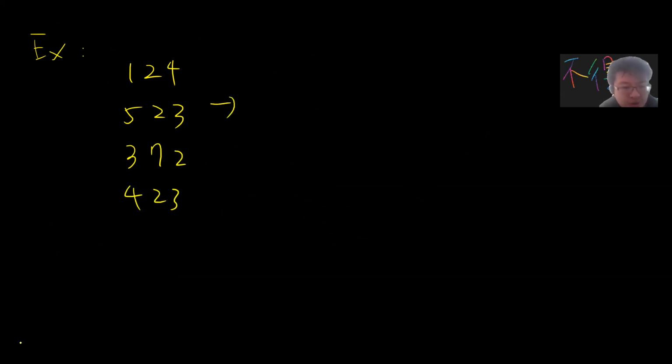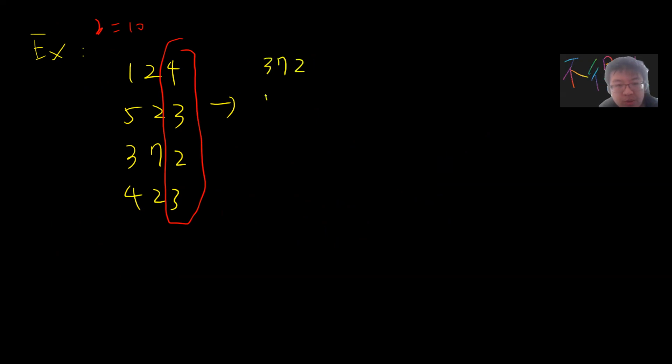This looks very weird, so let me quickly provide an example. I choose base 10, and I sort by the least significant digit first.